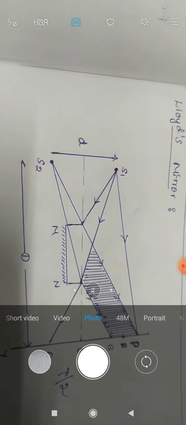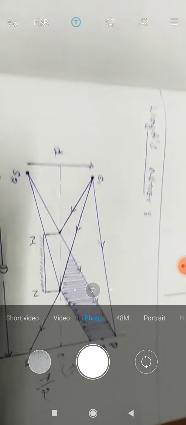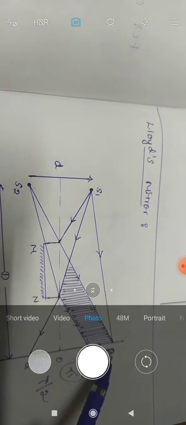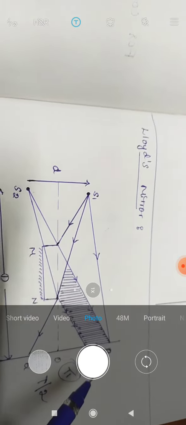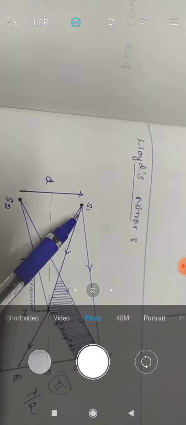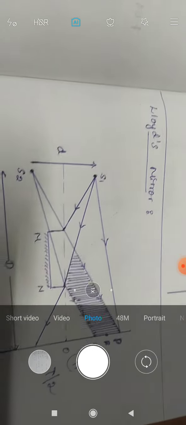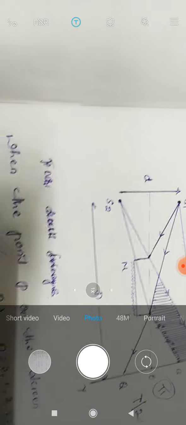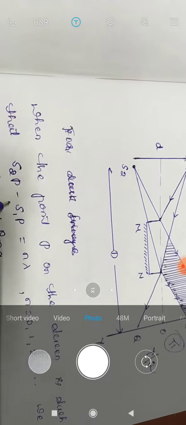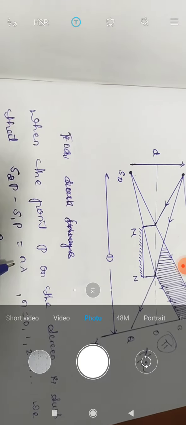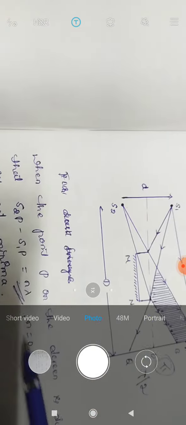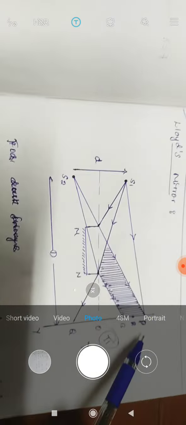For a dark fringe, at the point P on the screen, the path difference for the light traveling from S1 and S2 to point P, S2P minus S1P, is equal to n lambda. Suppose we get this expression at the point P, it means the intensity of fringes is minimum.